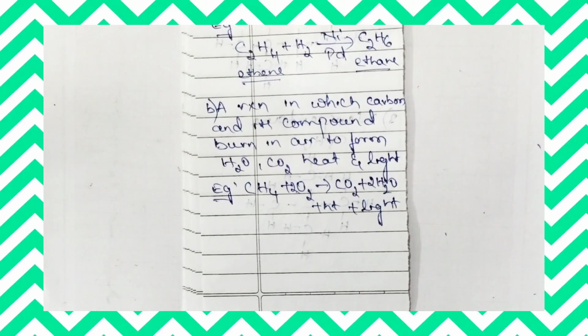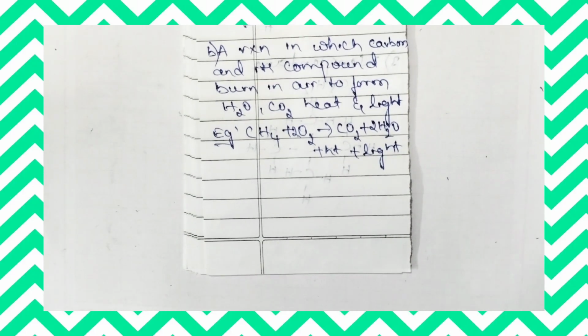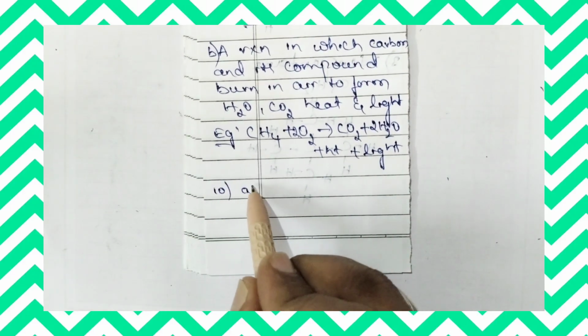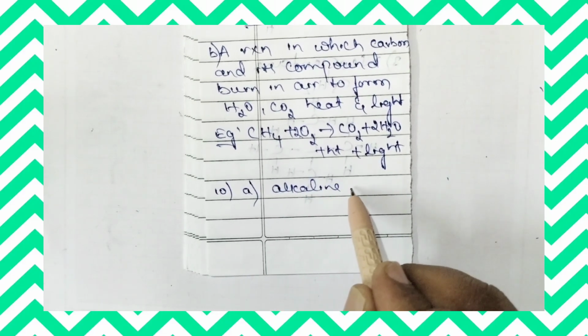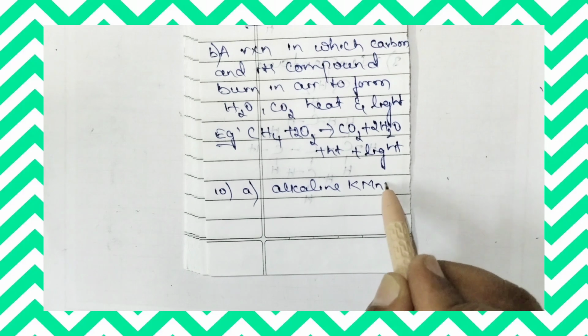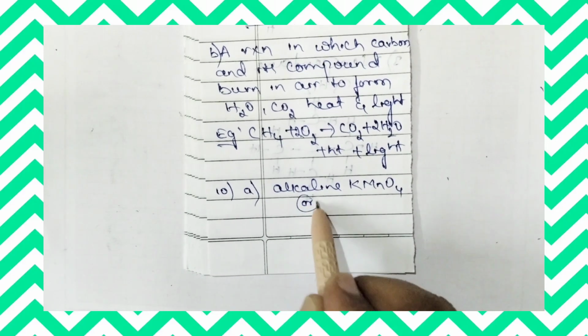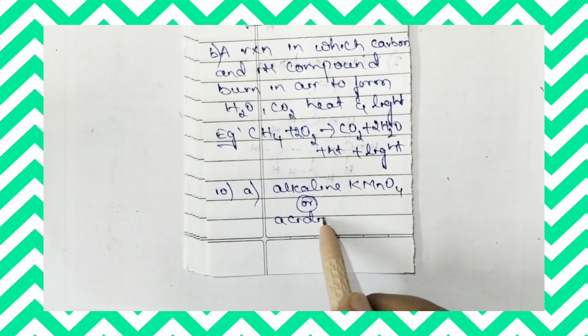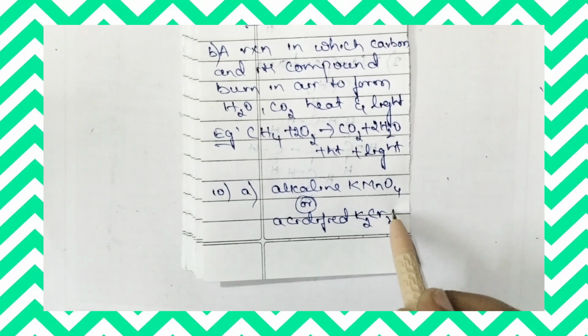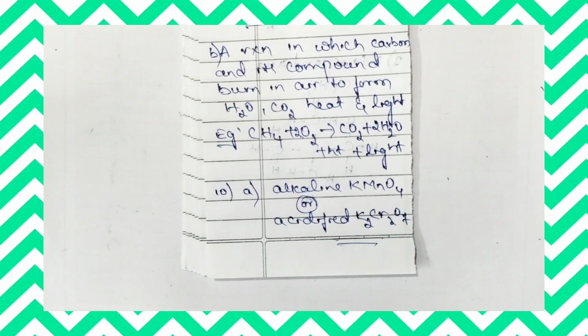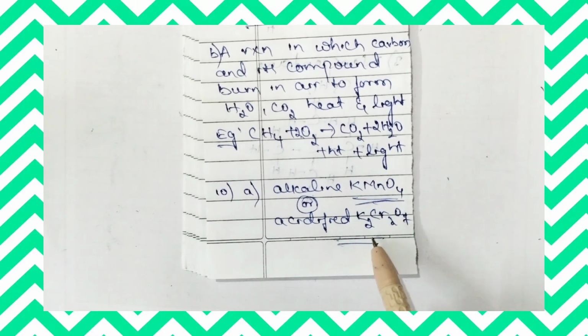So here, for the oxidizing agent, for the 10th one, we can use alkaline potassium permanganate or acidified potassium dichromate, K2Cr2O7, as an oxidizing agent. Either alkaline potassium permanganate or potassium dichromate K2Cr2O7.